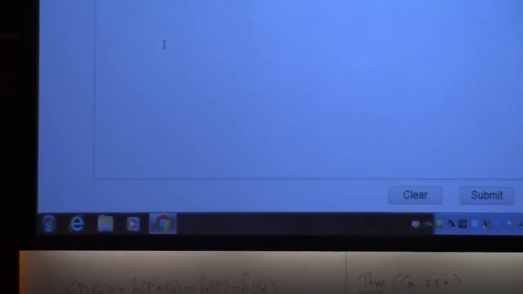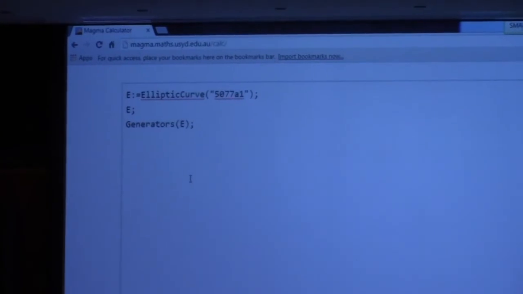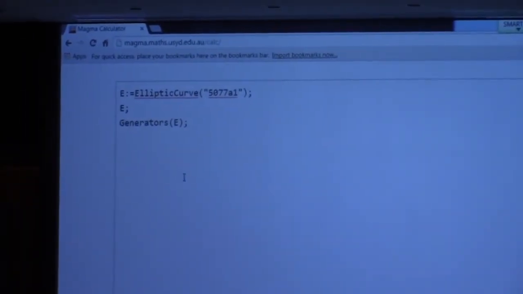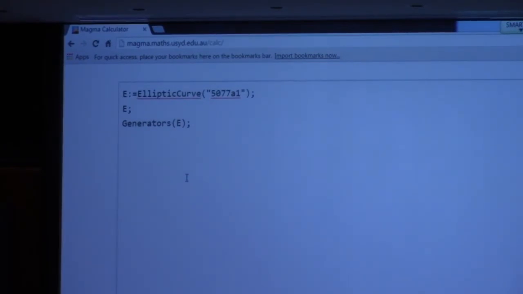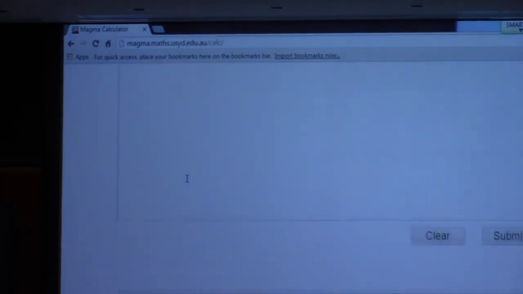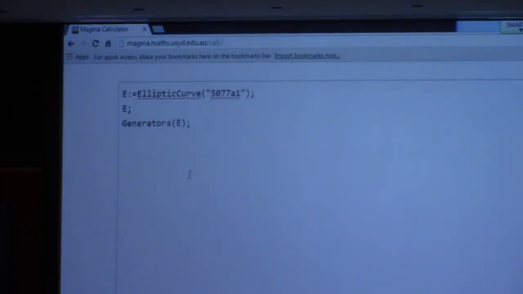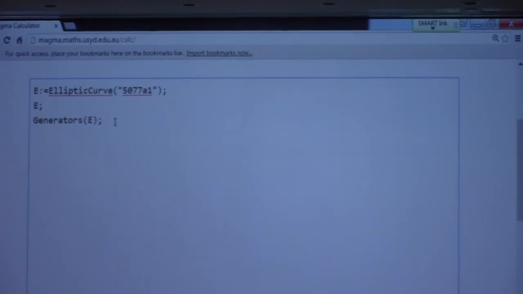It might be relying on some conjecture. At some point, there are some conjectures that it might be relying on, even GRH, the generalized Riemann hypothesis, to reduce the calculations on some class groups. So in this case, it didn't have to. This is true. Okay, the rank is 3. So I have my generators.